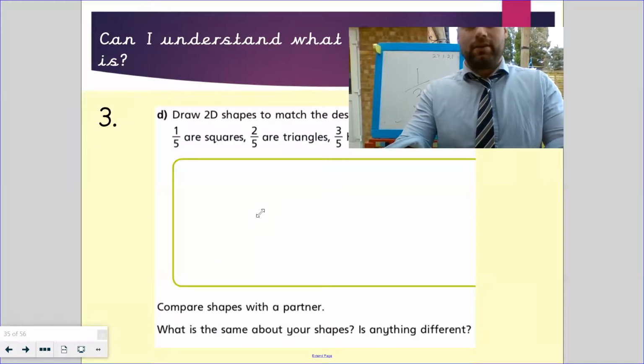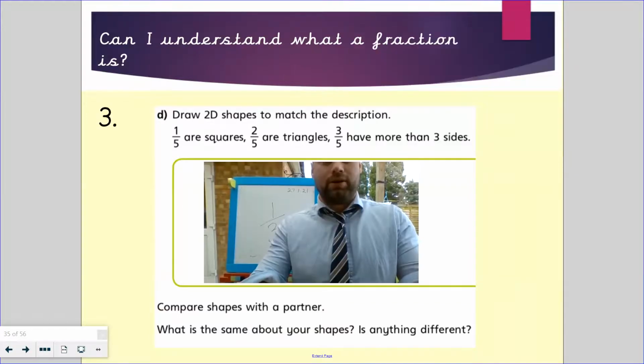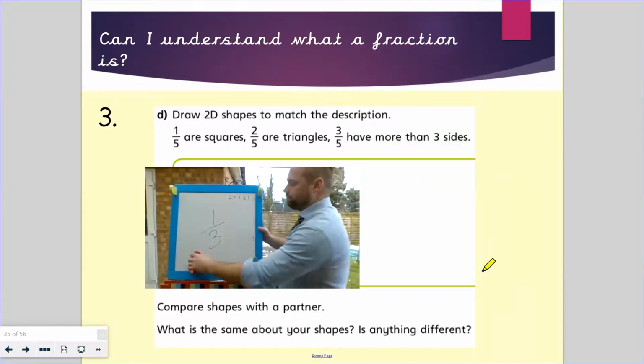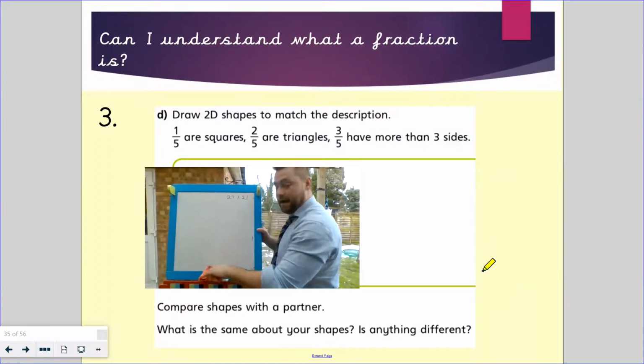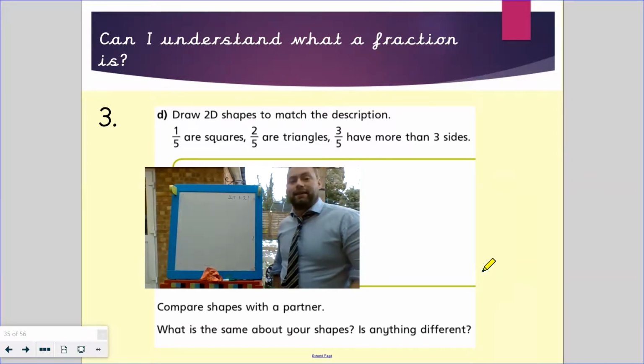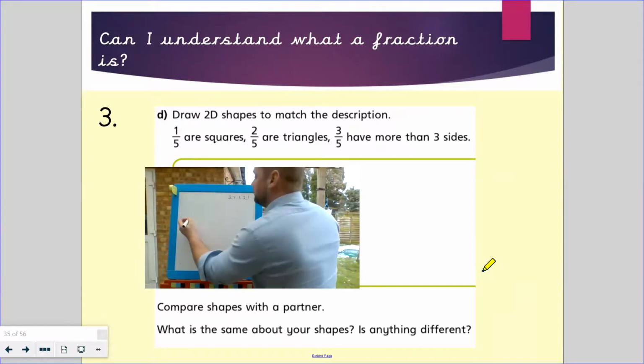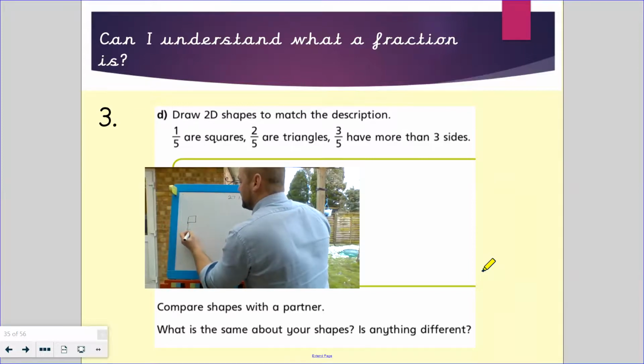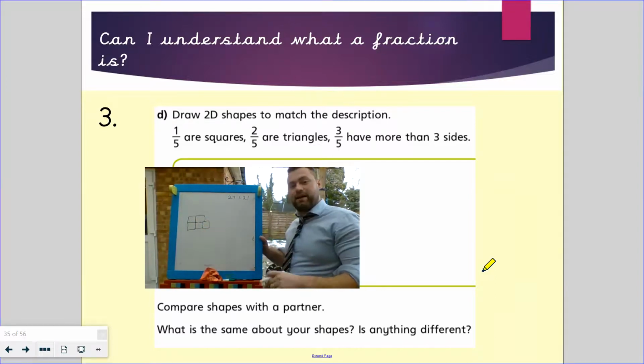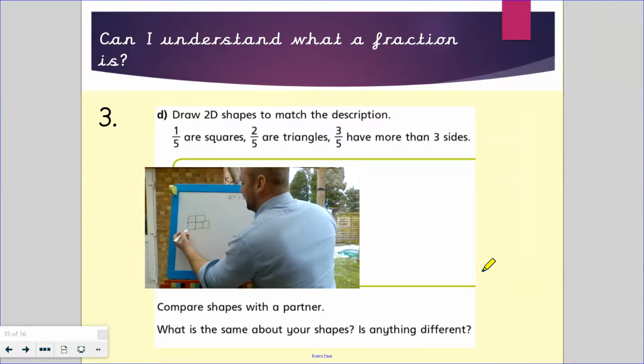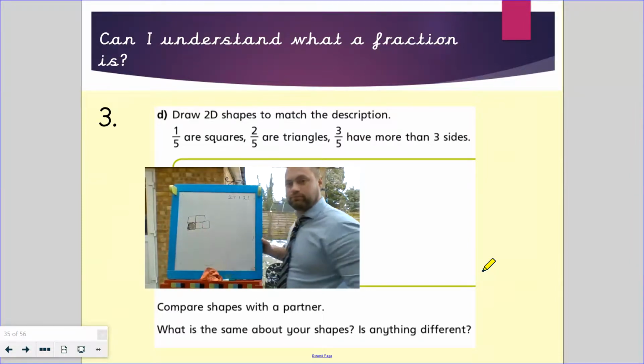Okay, and I'm going to draw them on the board so you can see here. Okay, so for question number 1, D says, draw 2D shapes to match the description. 1/5 are squares. Okay, so let's draw my shape. Here's my shape of squares. And there's 5 of them there. 1/5 are, you can color in there.